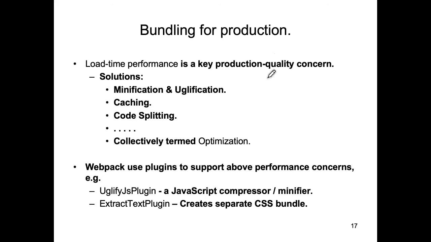That is a version of the application that can be deployed onto a cloud service server. And when you are doing this bundling process, there are some issues that you need to be concerned with, and I'm listing them here.